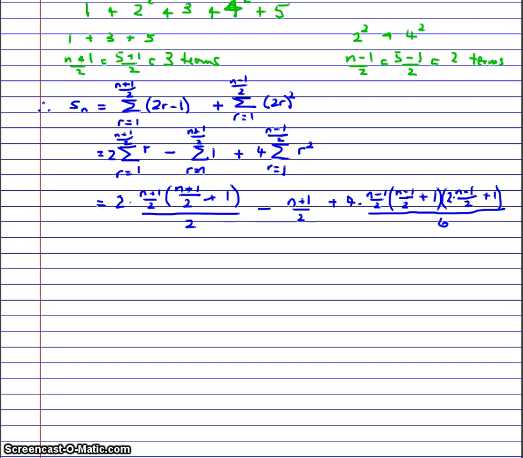Once again, it's important to note that with the formulae for r and r squared from our information sheet, we substitute the n plus 1 over 2 in place of the n for the first, and with that last one, we substitute the n minus 1 over 2 wherever you see the n in that r squared formula.